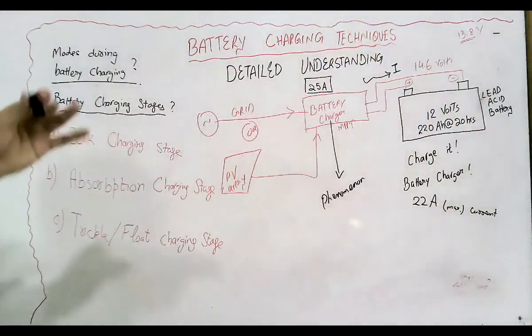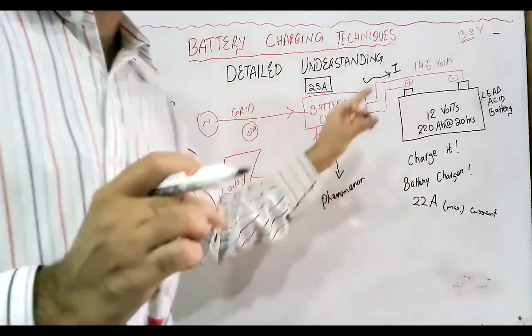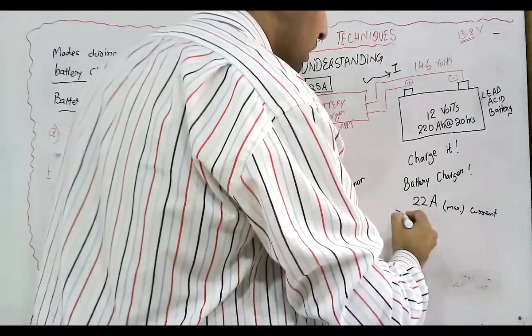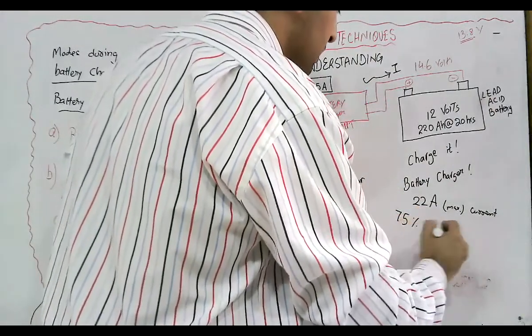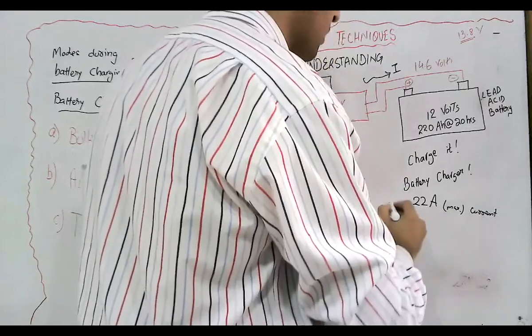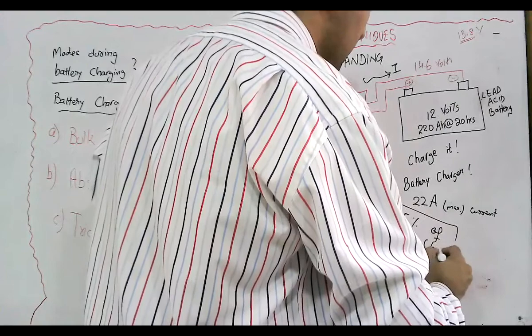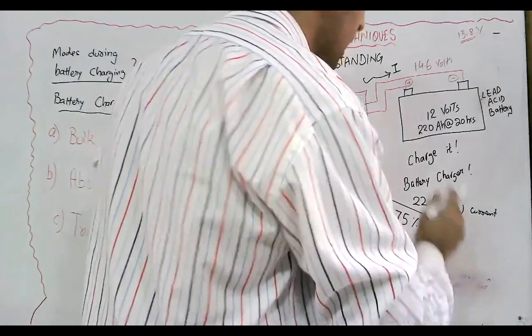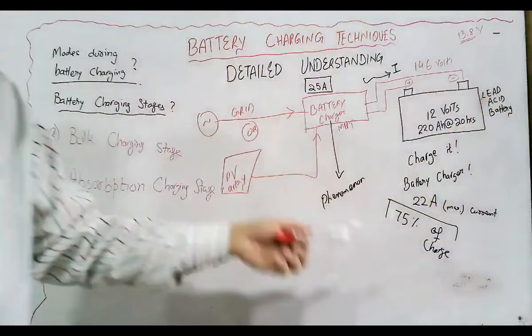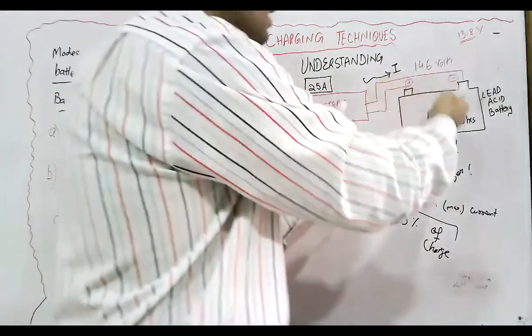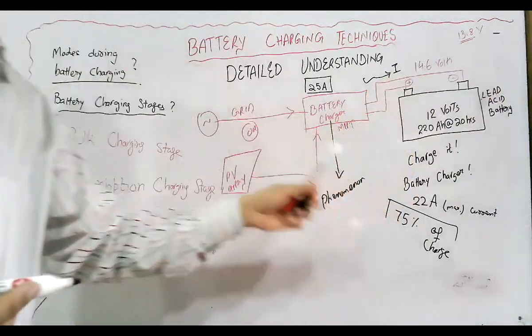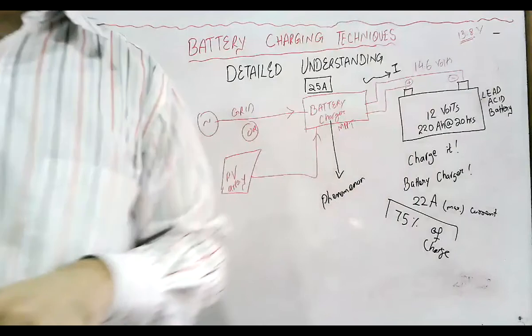And when the battery is charged up to 75% of charge, that is, this battery is around 75% charged, then what happens? The current drawn by the battery starts to decrease.